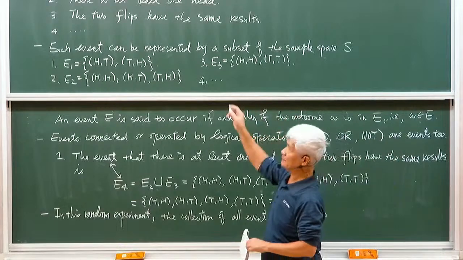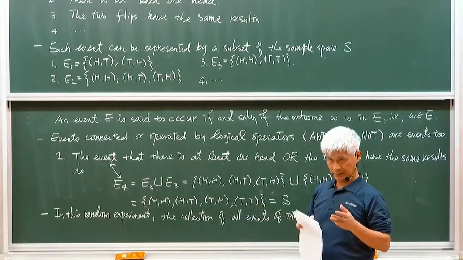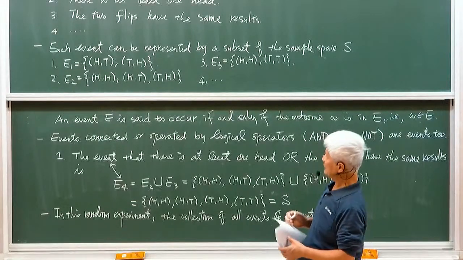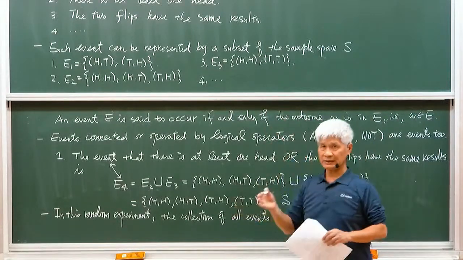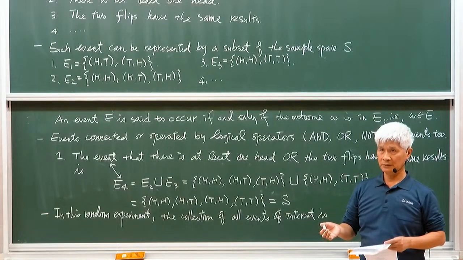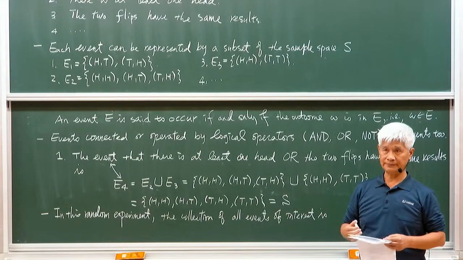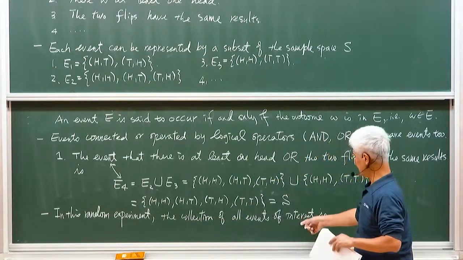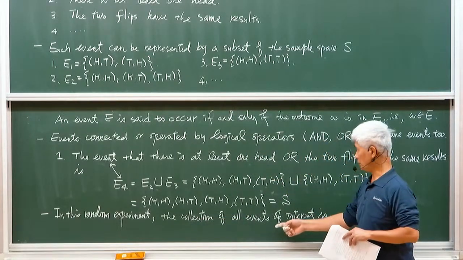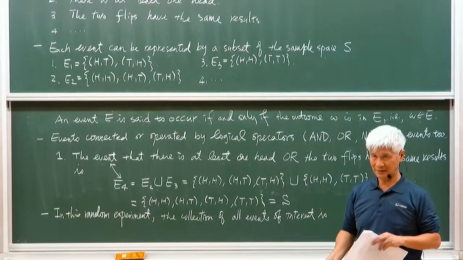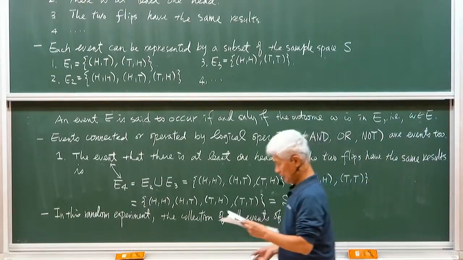Because events can be represented by a subset of the sample space, and actually every subset of the sample space can be described as an event. If we collect all events of interest, interest means that we would like to study these kinds of events.